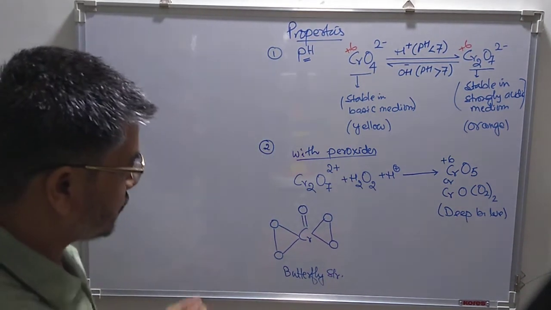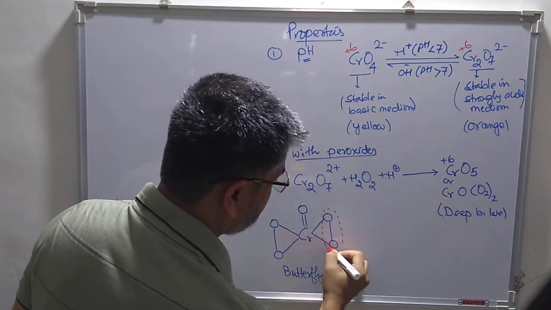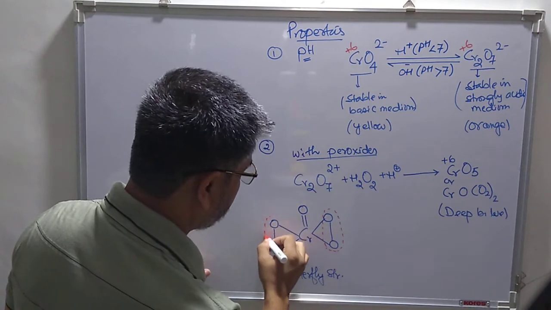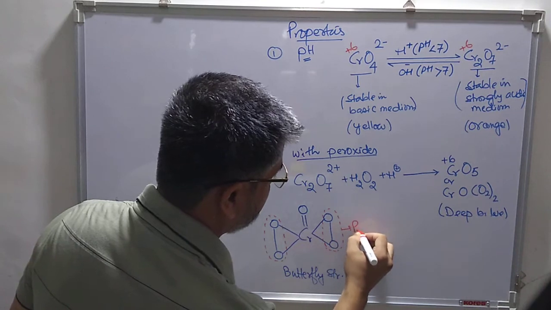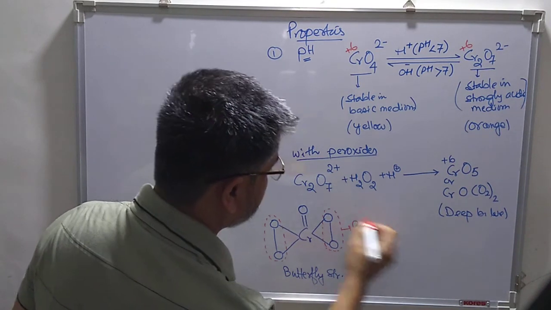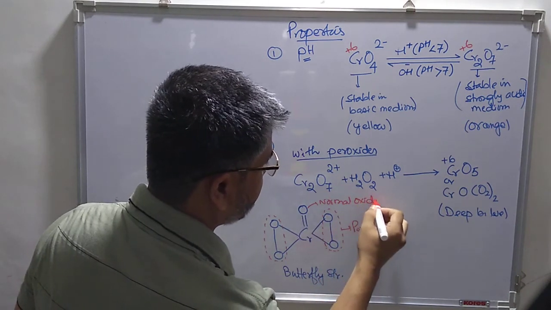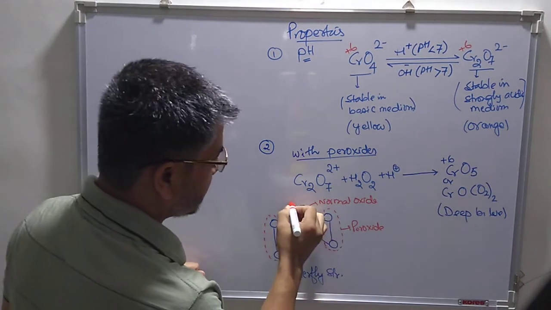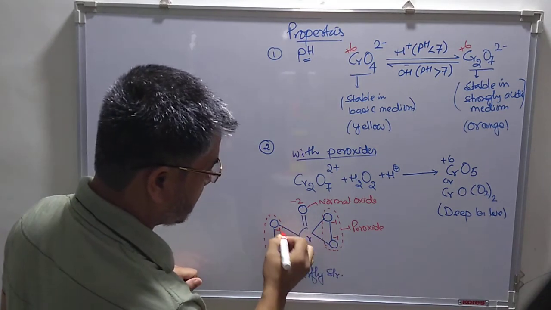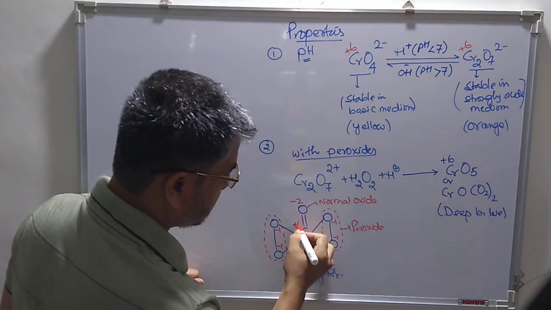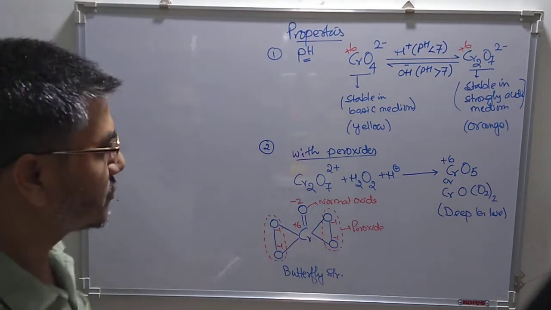Now these 2 oxygens are peroxide, this is peroxide, this is normal oxide. So we have 2 different types of oxygen. This normal oxide carries -2 charge, peroxide carries -1, -1. So the oxidation state of chromium is +6.